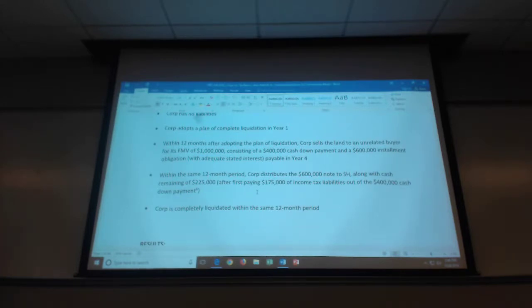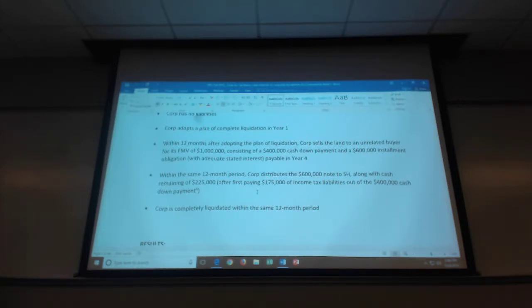But in the context of a liquidation, when the note is transferred by the corporation to the stockholders, in a way it's unfair because I'm skipping ahead to the next topic, which hopefully you've read. 336A provides that on a liquidating distribution of property, the corporation recognizes gain or loss equal to the difference between the fair market value of the property and the basis in the property.